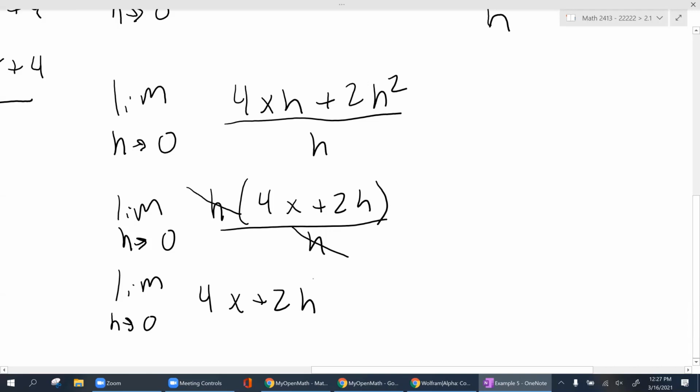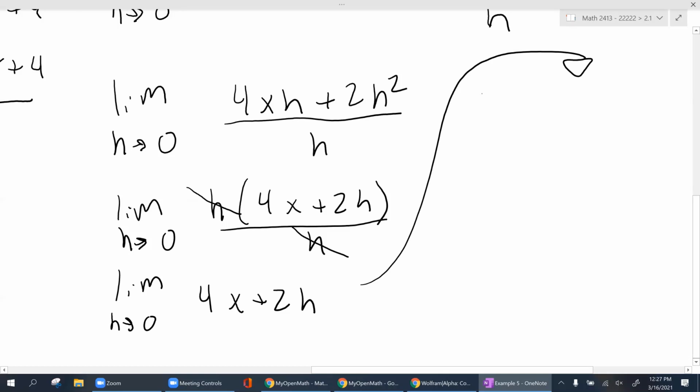Once you get it to this part, you take what's known as the limit. The limit just says, I want you to plug in 0 for the h that you have. What happens as h gets very, very close to 0? It's not 0 exactly, but it's approaching it. One way you can visualize it, it just becomes 0.